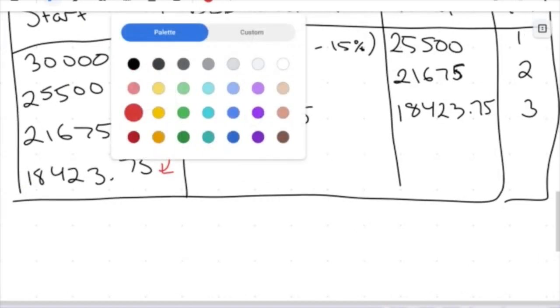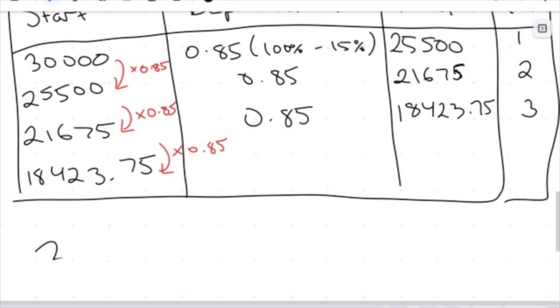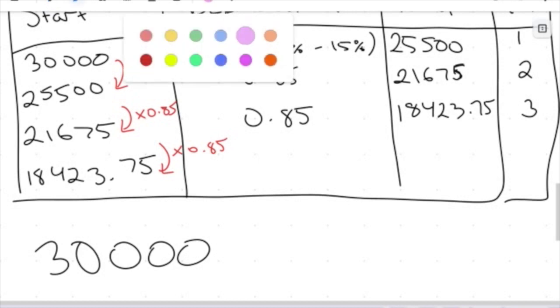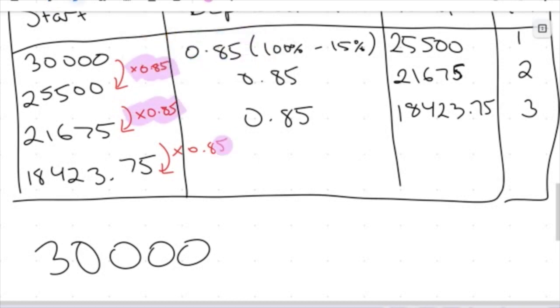Well, I'm taking my original price, my very first price, 30,000, and I'm just timesing it by 0.85 a bunch of times. Instead of starting with 30,000, then multiplying, then starting with my next price, and going on like that.